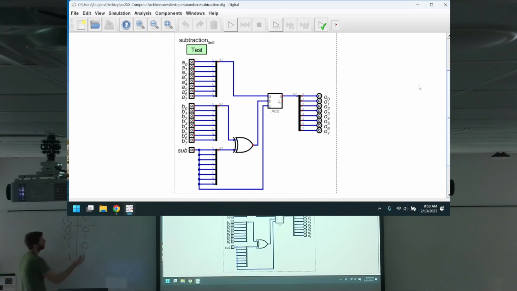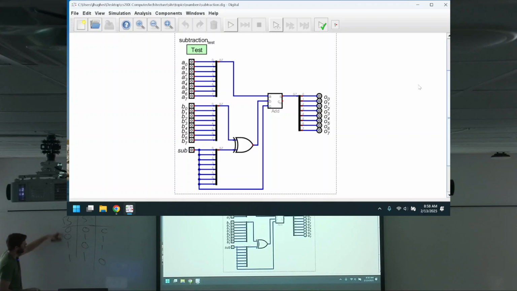What functionality do I want here? Well, it's XOR, so we know what we're going to get. We're going to get 0, 1, 1, 0, right? If B is a 0 and the sub is off, we get a 0.